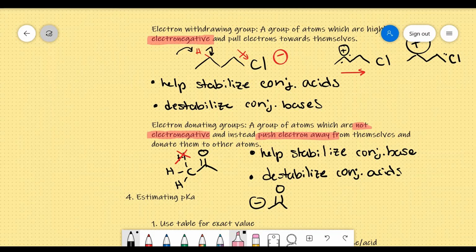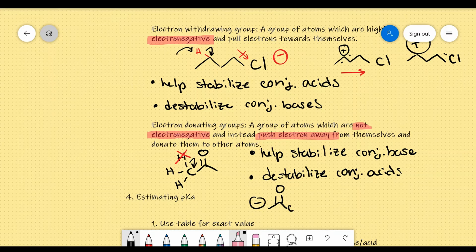Remember, these electrons will fall back, so it's electron rich, so it overall has a more negative charge. Anytime we see donating groups, it's usually going to be a hydrocarbon group, meaning there's going to be carbons connected to hydrogens.